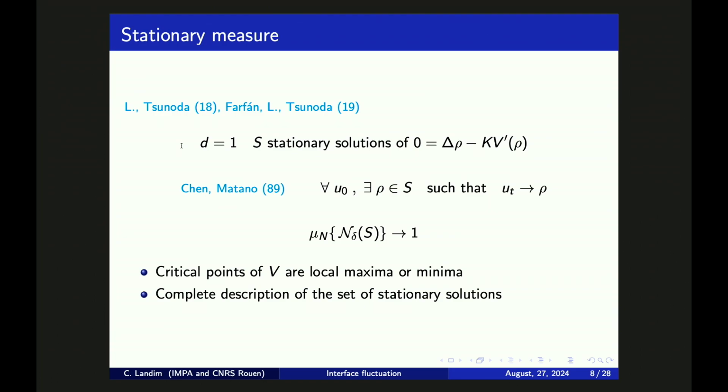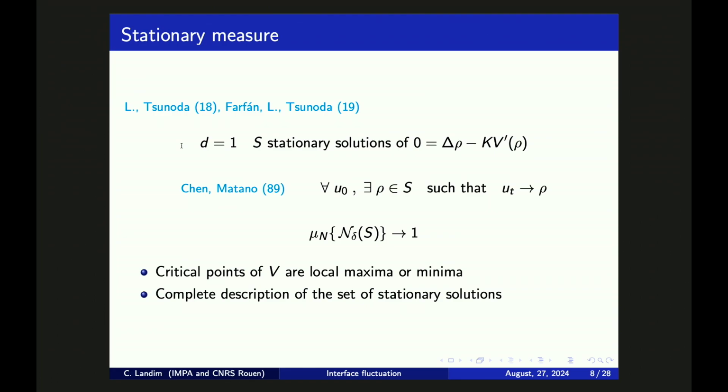One thing we proved in dimension 1, let me call S the stationary solutions of that equation. As I said, you have the constants, but also periodic solutions. And it has been proved that whatever initial density profile you start with, if you let time tend to infinity, the solution of that equation starting from this initial profile will converge to one of these stationary solutions.